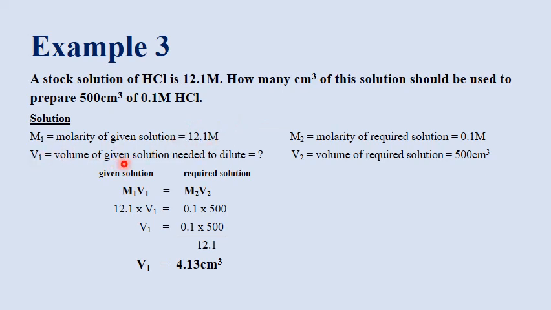V1 is the volume of the given solution, in this case the stock solution, that is needed to dilute, that we are going to find out, and V2 is the volume of the required solution, which is 500 centimeter cube.